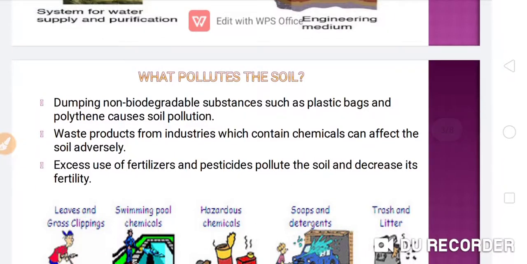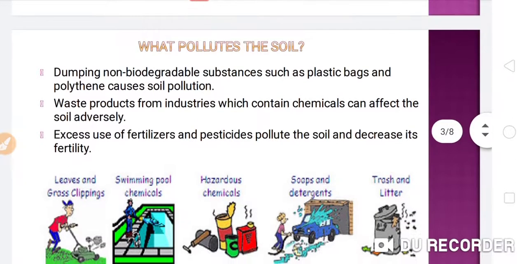Now next, we have discussed the soil, and now we are going to discuss the pollution of the soil, the pollutants of the soil. What pollutes the soil, and what are the activities of ours which are polluting the soil? Let's see, students.